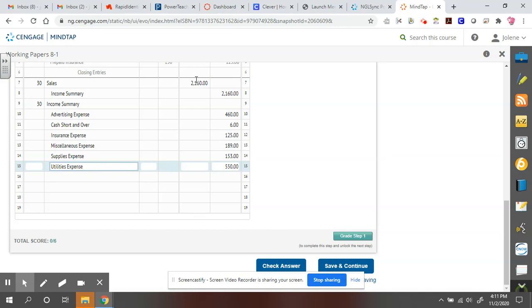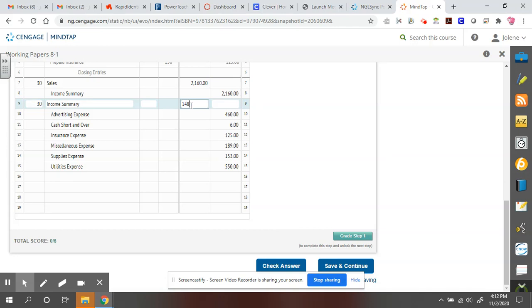Debits have to equal credits, and we have all of our expenses here, but we don't have a dollar amount for our income summary to close out the expenses. This is because we have to add up all of our expenses. I got 1483.